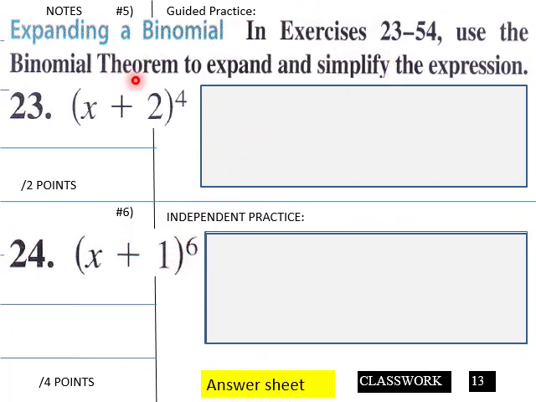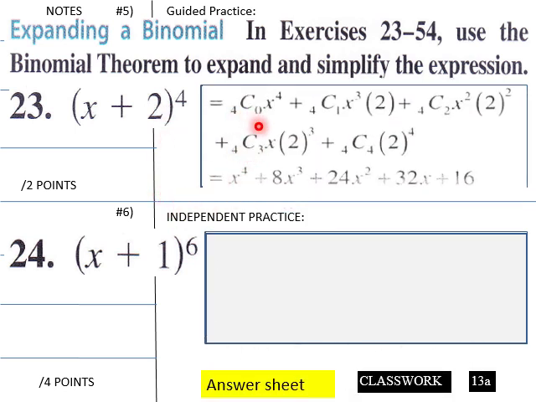Let's try one. Use the binomial theorem to expand and simplify this expression here: x plus 2 to the 4th power. This one's on you, students: x plus 1 to the 6th power. Let's try x plus 2 to the 4th. So we have 4 choose 0 x to the 4th plus 4 choose 1 x cubed times 2 plus 4 choose 2 x squared times 2 squared, 4 choose 3 x times 2 cubed, and then 4 choose 4 times 2 to the 4th power.